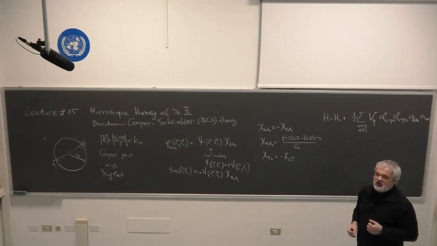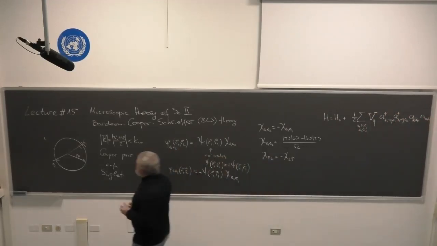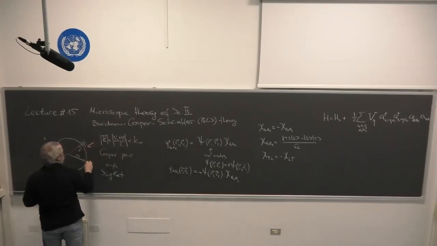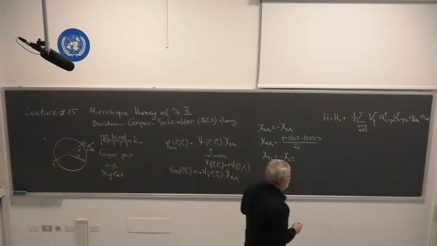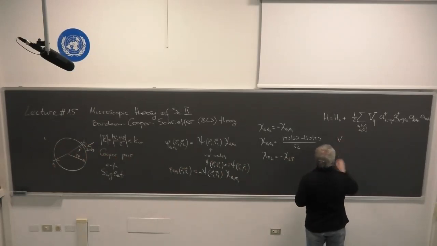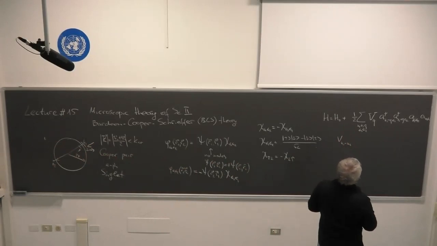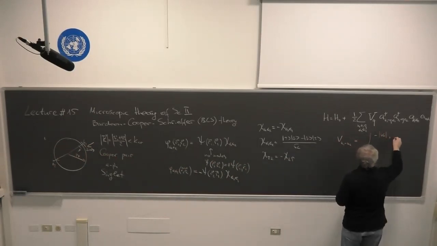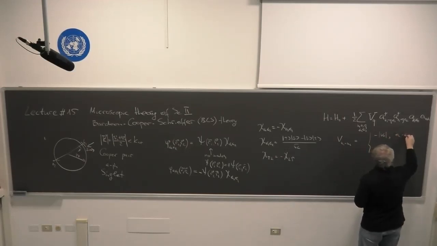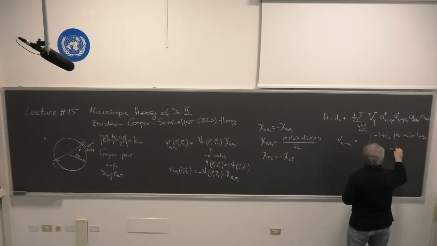Considering the very vicinity of the Fermi surface, where the width of this shell is twice the Debye frequency and the phonons result in attraction between electrons, we can say that V, which depends on k1 minus k2, is equal to minus V naught if |epsilon(k1) minus epsilon(k2)| is smaller than the Debye energy, and 0 otherwise.